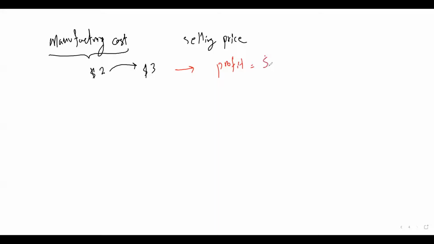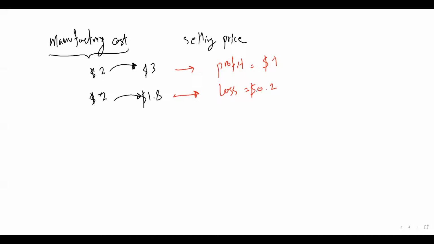So in this case, the profit is $1. However, let's say it originally cost you $2, but due to any reason, maybe the demand is not that high, or the situation in the market is not that good, you end up selling it for $1.80. So if the selling price is less than the manufacturing cost, which in this case it is, we have a loss, and in this case it is 20 cents, or $0.20.